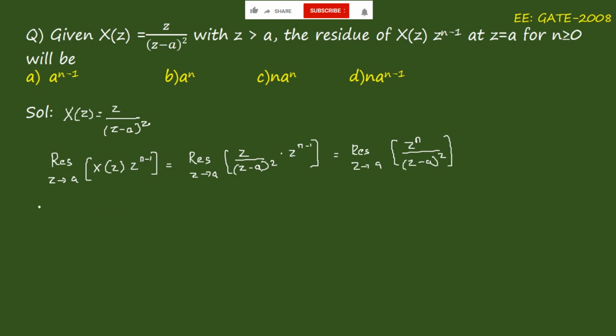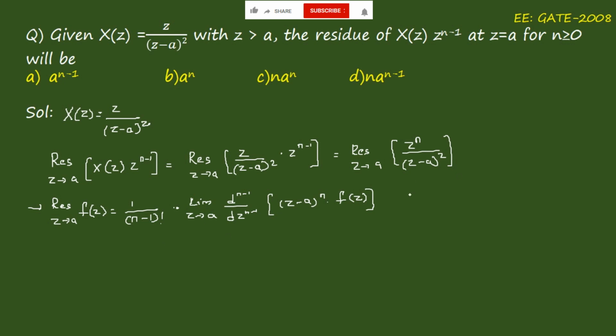Right. The general formula we know is that residue z tends to a of f of z is equal to 1 by n minus 1 factorial into limit z tends to a of d by dz n minus 1 times of z minus a whole power n f of z. Right.